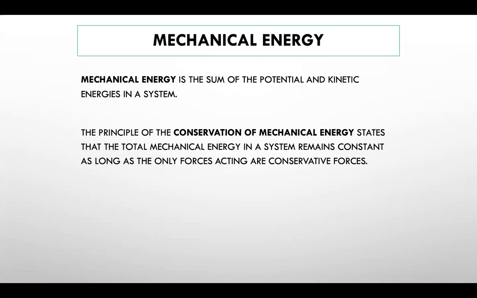If you are moving very fast, you have 10 joules of kinetic energy. While you are moving up, you are losing an amount of kinetic energy until you reach the top of the mountain, where all of your kinetic energy has changed to potential energy.